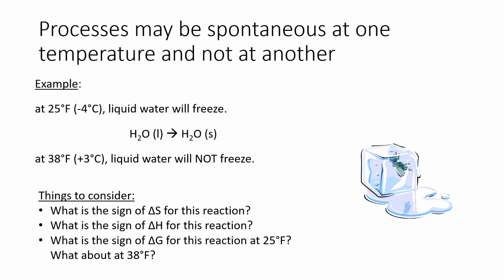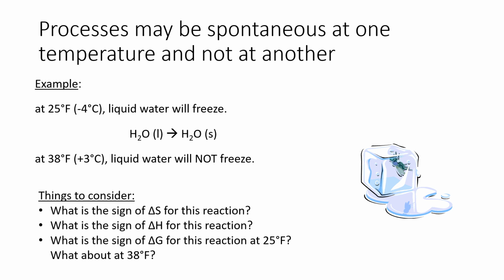So one thing that we should be aware of is that delta G tells us whether a reaction is spontaneous or not. And some processes can be spontaneous at one temperature and not another. One example is the freezing of water. So if you have a glass of liquid water sitting at your desk and it's at room temperature, it is not going to spontaneously freeze.